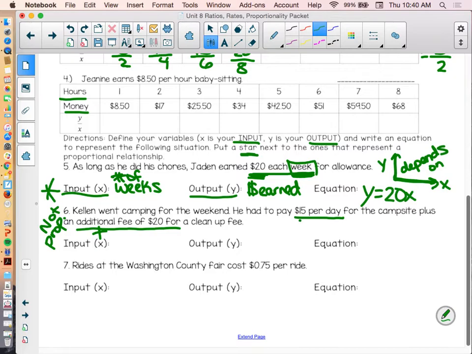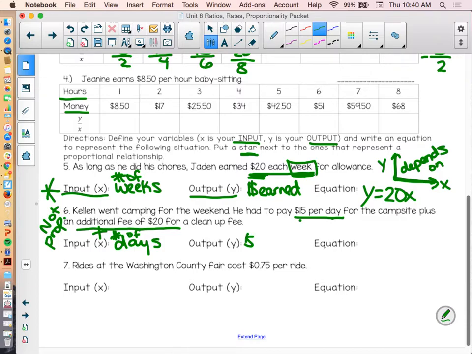I'm seeing dollars and I'm seeing days in the problem. So I have to figure out which one's which. Well, do dollars depend on days or do days depend on dollars? Days, I would say, never depend on anything. So they need to go in the x value. Days, the number of days. That's going to keep going and not be affected.